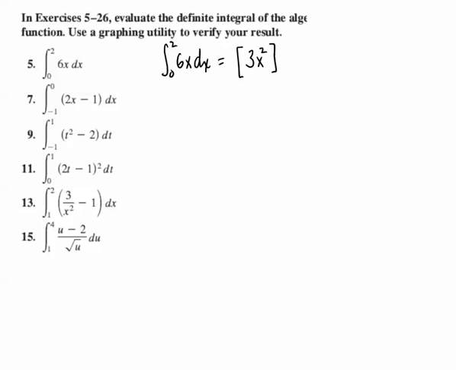And instead, I'm going to move my limits of integration over to the right. And what I want to do now is find the antiderivative of 6x evaluated at the upper limit. So that would be 3 times 2 squared, and subtract from that the antiderivative evaluated at the lower limit. And so we end up with 2 squared is 4 times 3 is 12. 12 minus 0 is equal to 12.